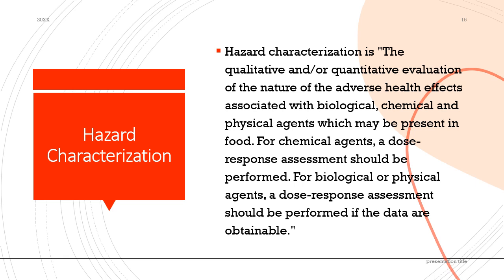Hazard characterization is the qualitative or quantitative evaluation of the nature of adverse health effects associated with biological, chemical, or physical agents which may be present in food. For chemicals, if you plot the dose-response relationship, you may understand whether they are toxic or not.